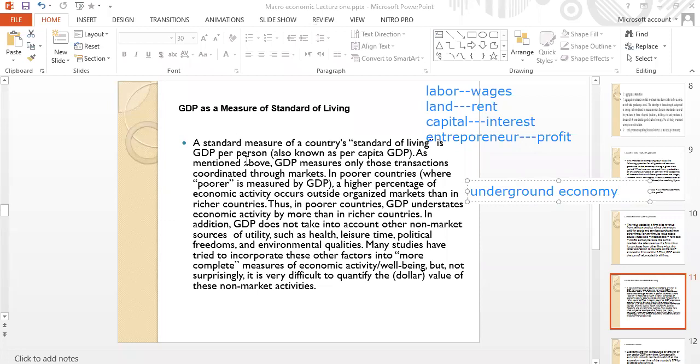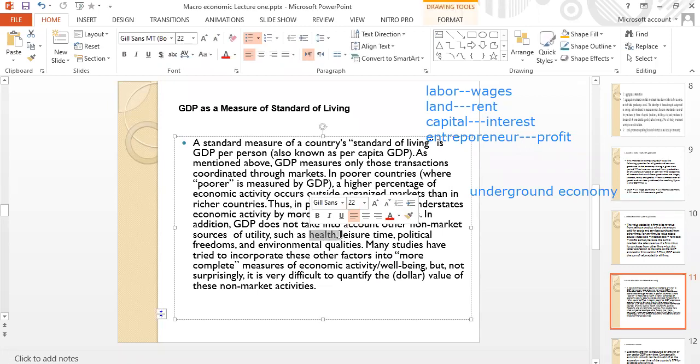GDP doesn't take into account other non-market sources of utility such as health and leisure. These are limitations of GDP, because these are measures of standard of living but are not considered part of GDP, like health insurance, leisure time, and political freedom.